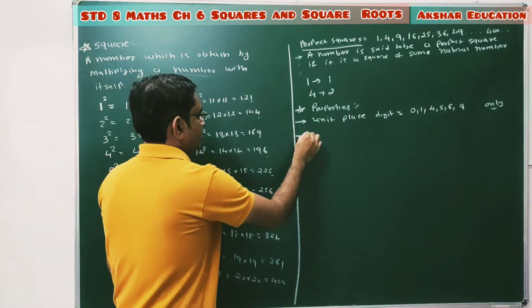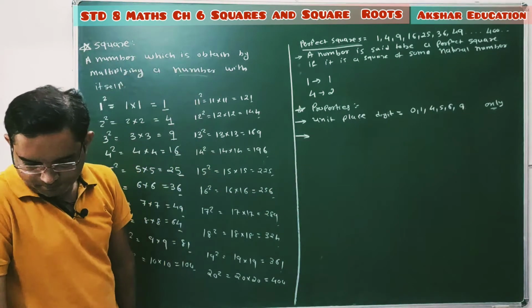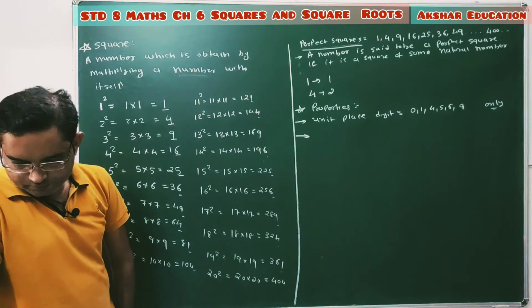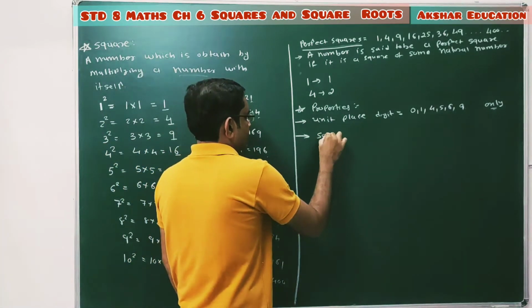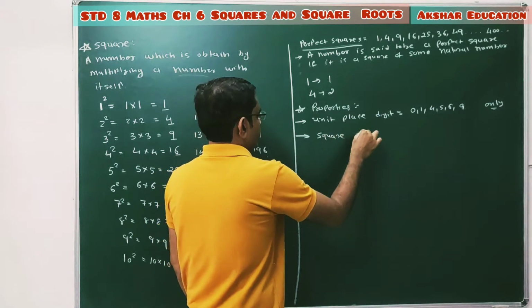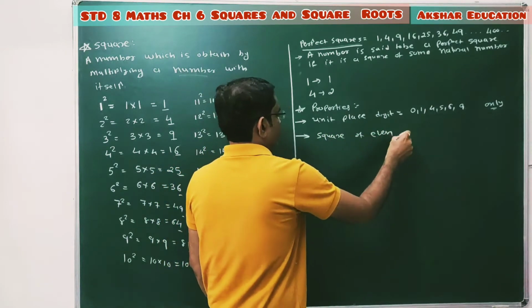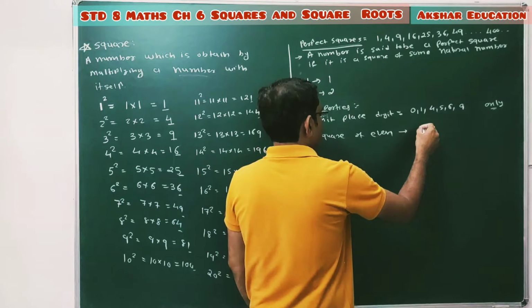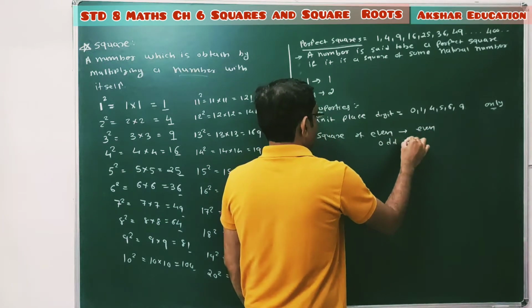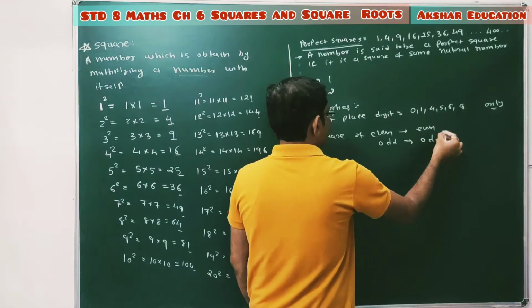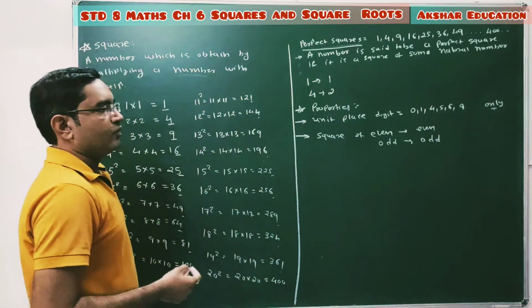Now second property. Square of even natural number is always even and square of odd natural number will always be odd.